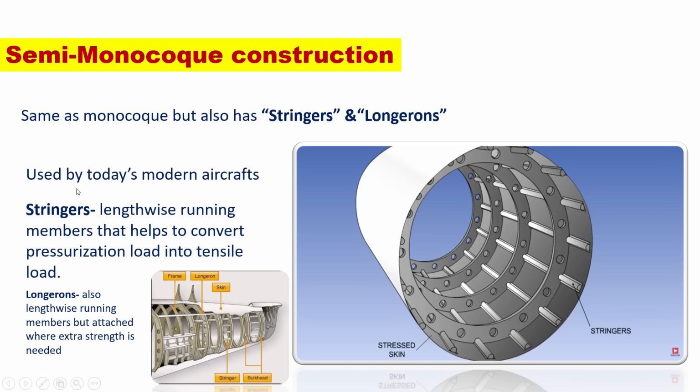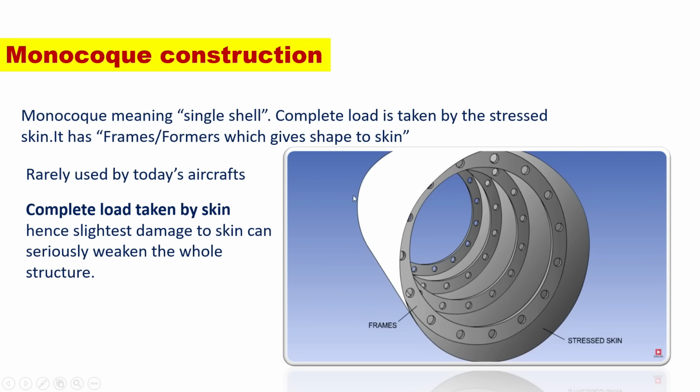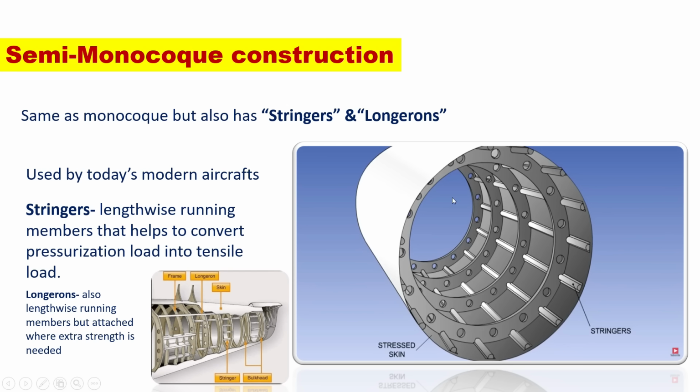In this, the load is also taken by the skin, but some of the load will be taken by the stringers too. So you are not relying 100% on the skin, as in monocoque. In this, you are not 100% on the skin because you have stringers, and you also have longerons for extra strength, right?